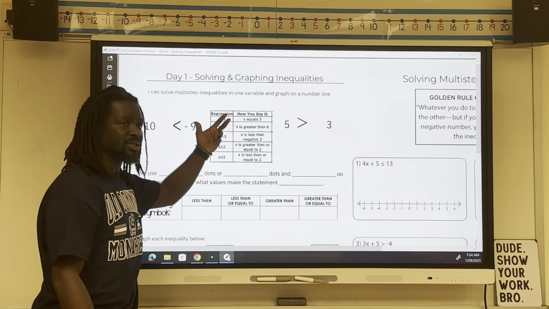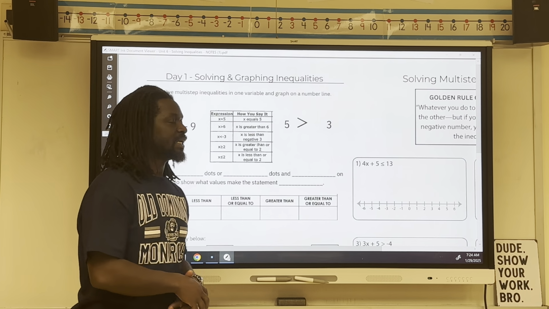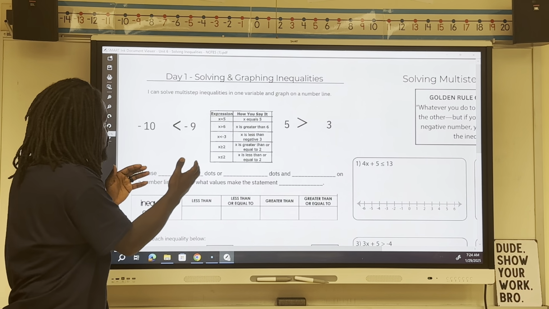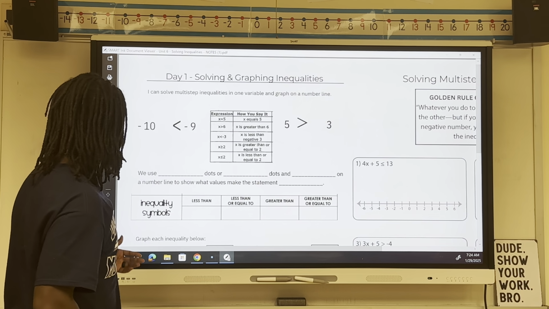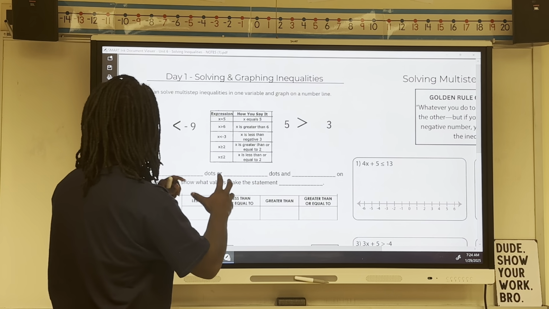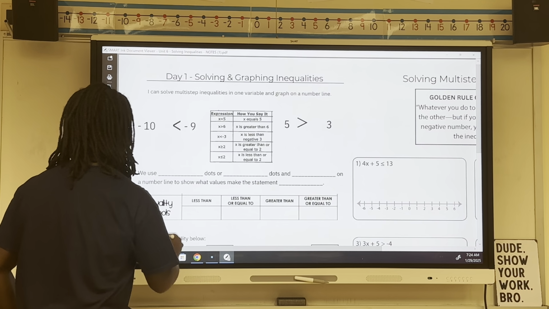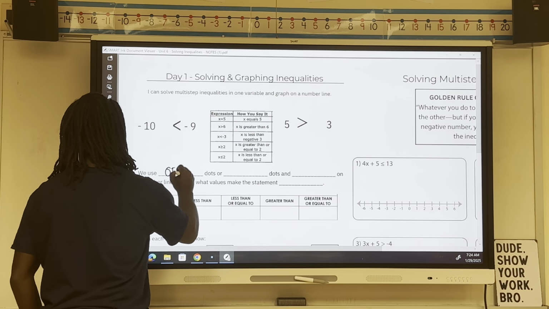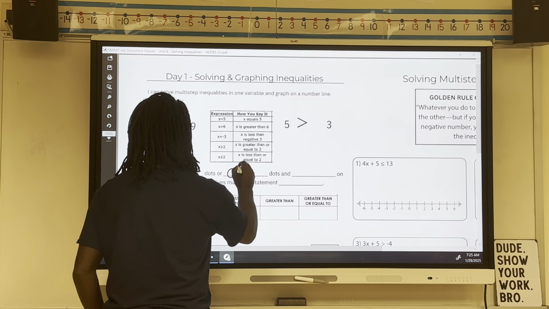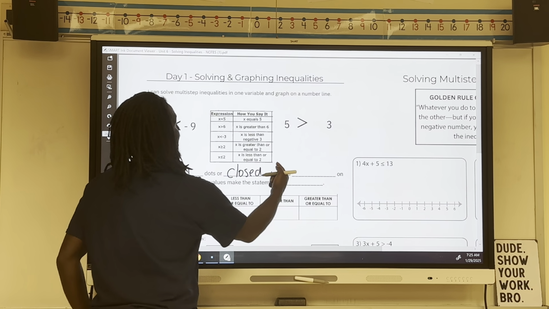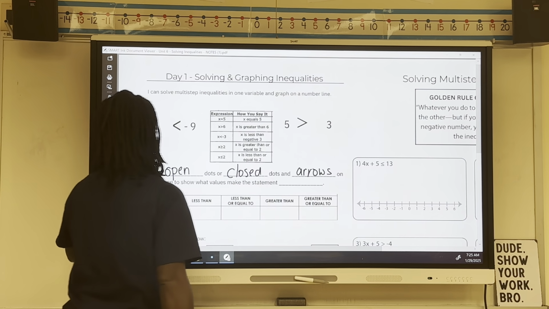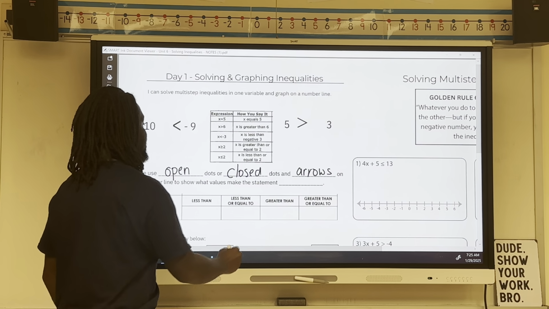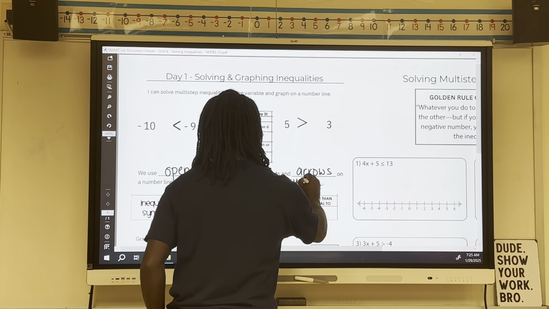Okay, I'm not going to read all of these, but it shows you the inequality symbol and how to read it. When we are showing or graphing inequalities, we use open dots and closed dots and arrows on a number line to show what values make the statement true.